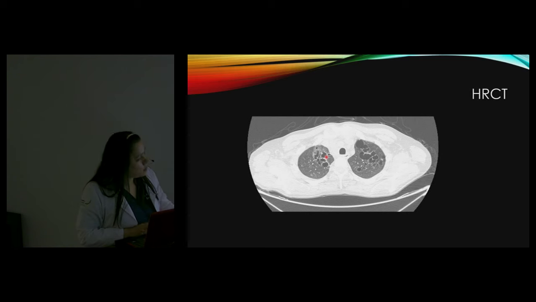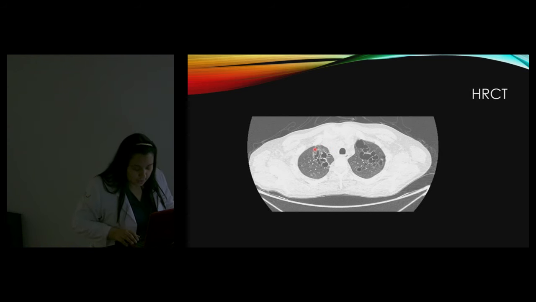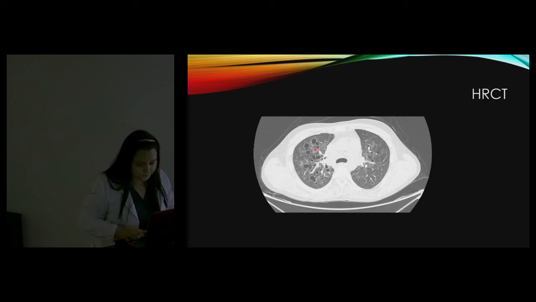In this lower level image, we can still identify those cystic lesions, but we can also observe a small area of ground glass opacity on the right lung.